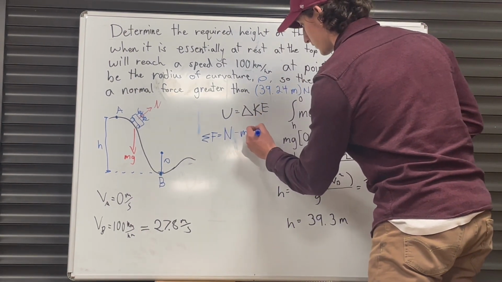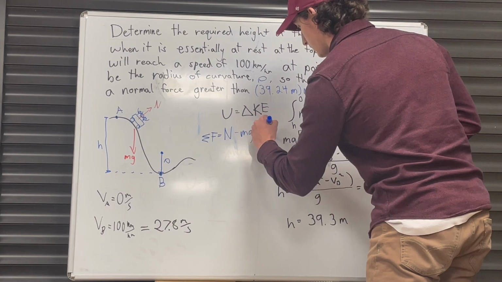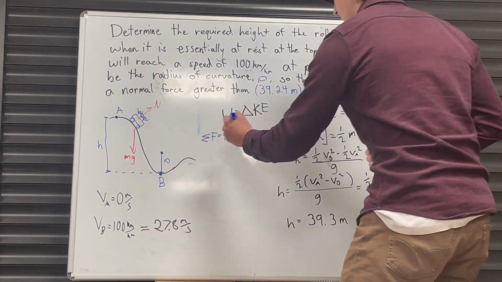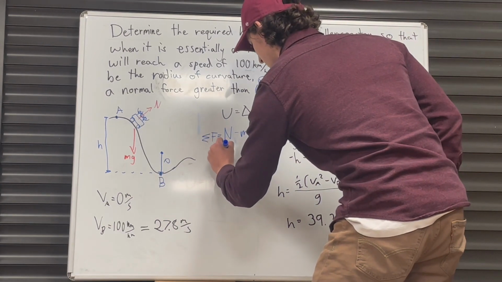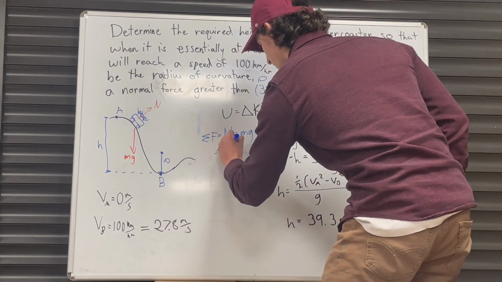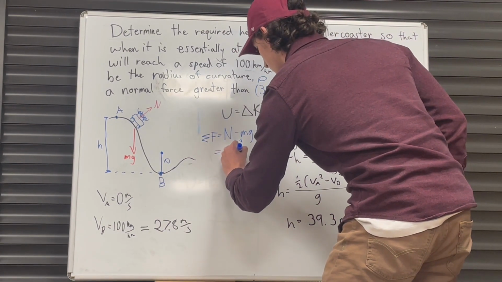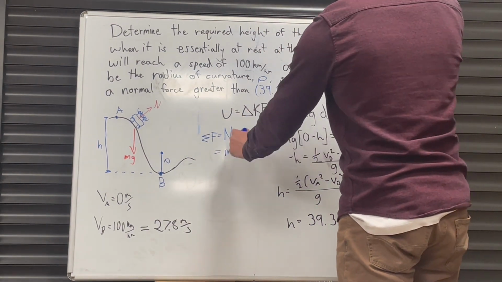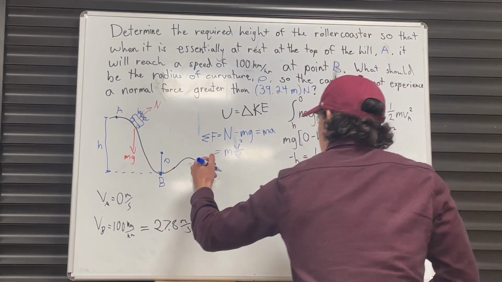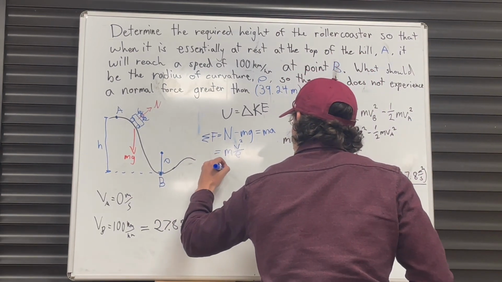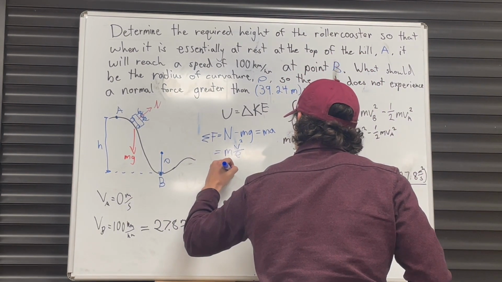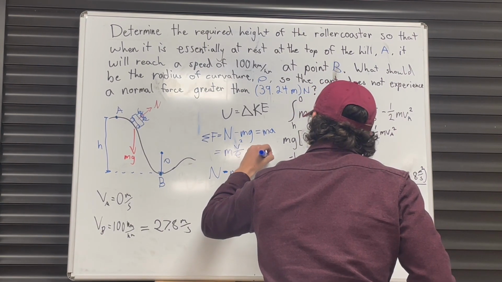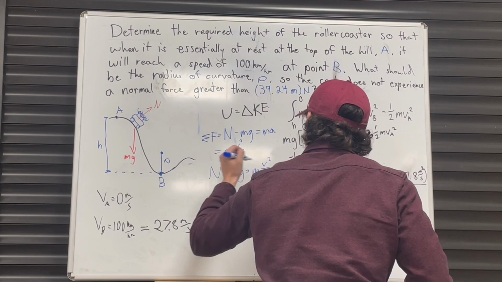And the sum of the forces also equals ma, and ma can be substituted in with mv squared over rho. And then using these two, we find that N minus mg equals mv squared over rho.